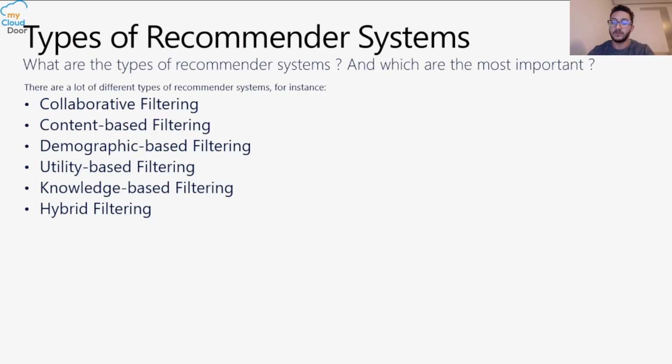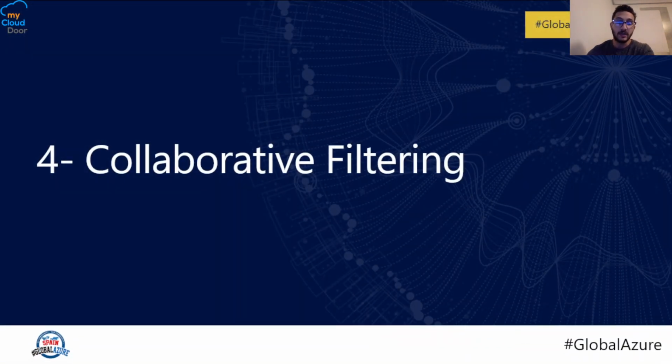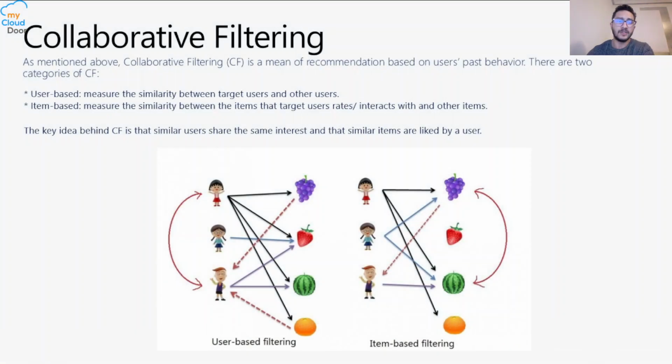And the collaborative filtering, on the other hand, does not require any information about the item or the users themselves. It recommends items based on users' past behavior, like we said previously. And we will elaborate more on these two concepts in the next slides. First, we will start by the collaborative filtering system.